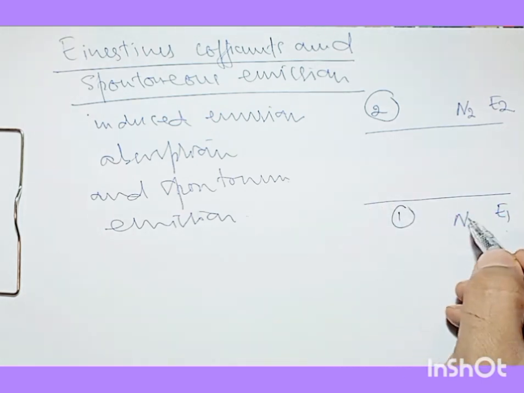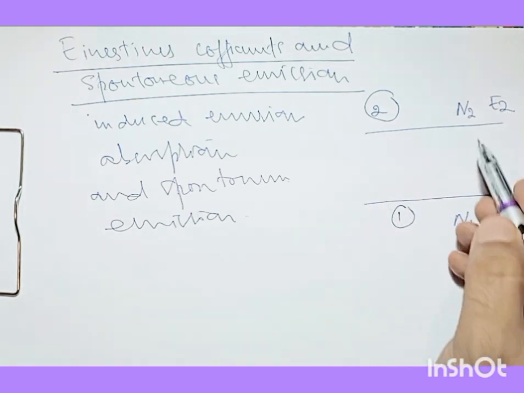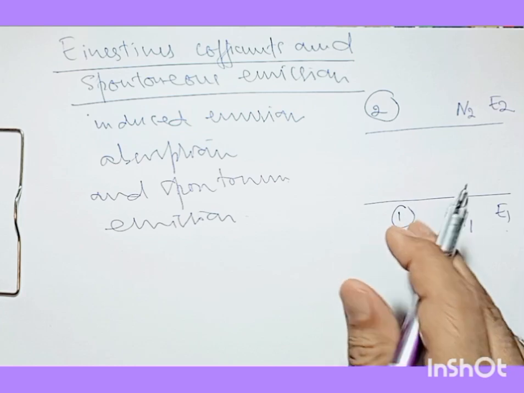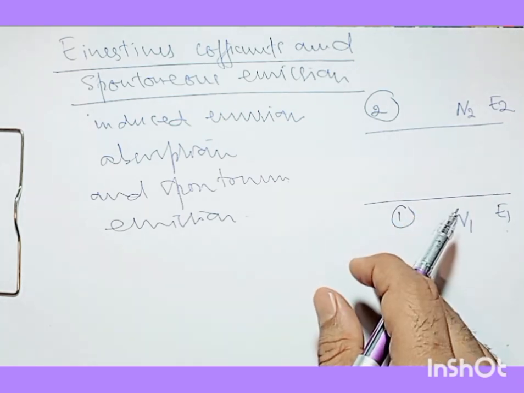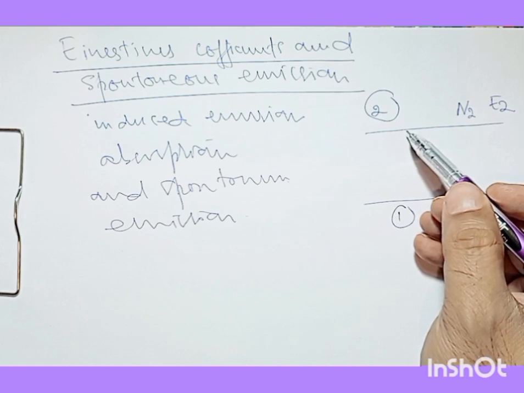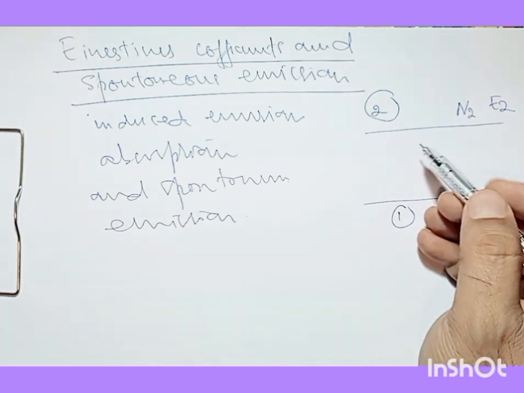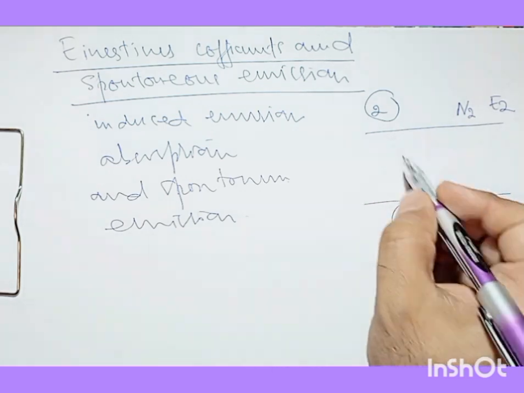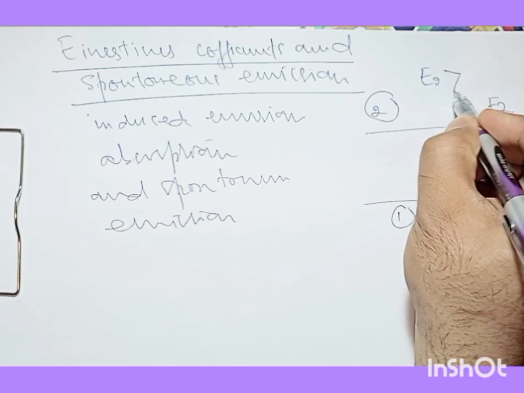And let's also assume that N1 and N2 be the number of atoms per unit volume in these levels, I mean, level 1 and level 2, with E2 greater than E1.